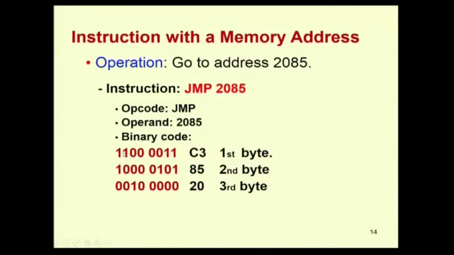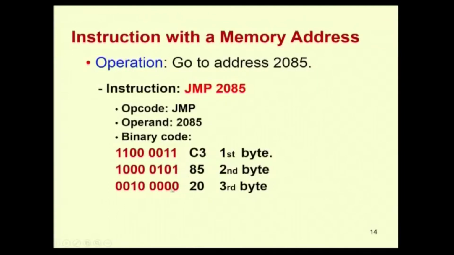When it goes inside the memory, it has to go in the binary form. So, C3, the opcode, C is 1 1 0 0 and 3 is 0 0 1 1, and 85, 8 is 1 0 0 0 and 5 is 0 1 0 1, and 20, 2 is 0 0 1 0 and 0 is 0 0 0 0. So, this is the first byte, second byte and third byte.